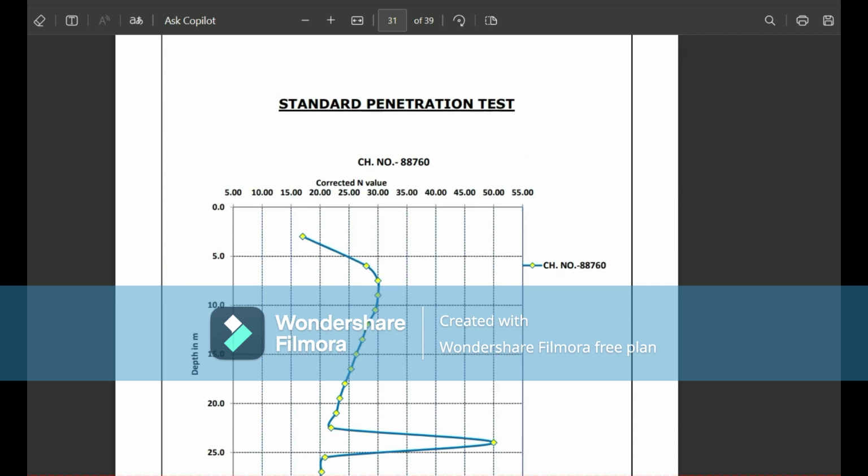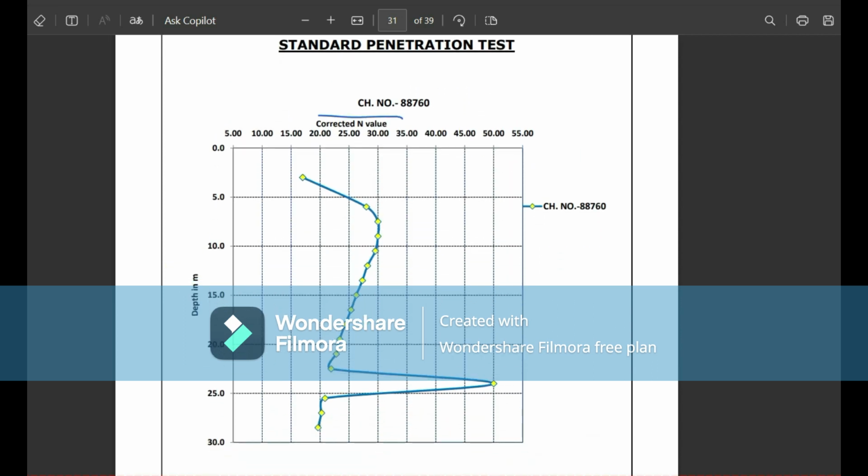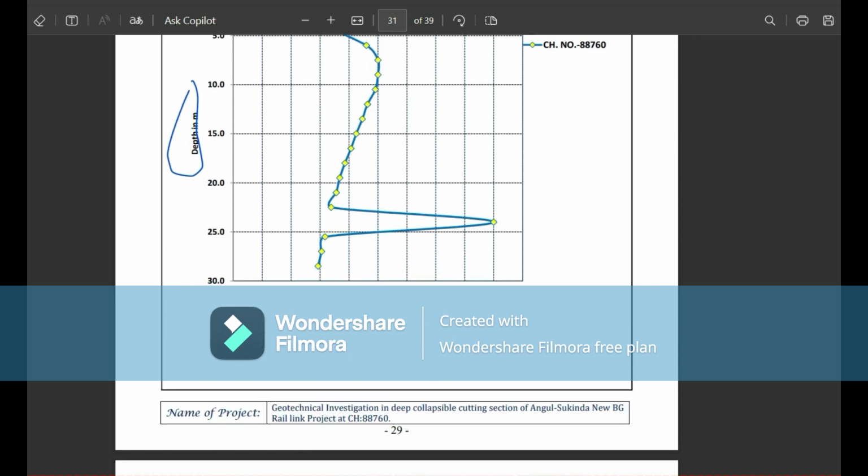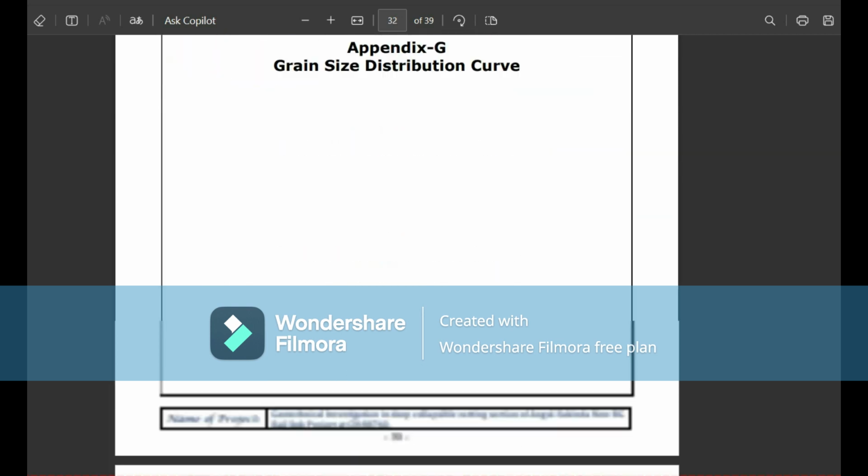See how the corrected SPT value changes with depth. This SPT value is shown at the first 1.5 meters, then 3 meters, 6 meters, in a graph like this.